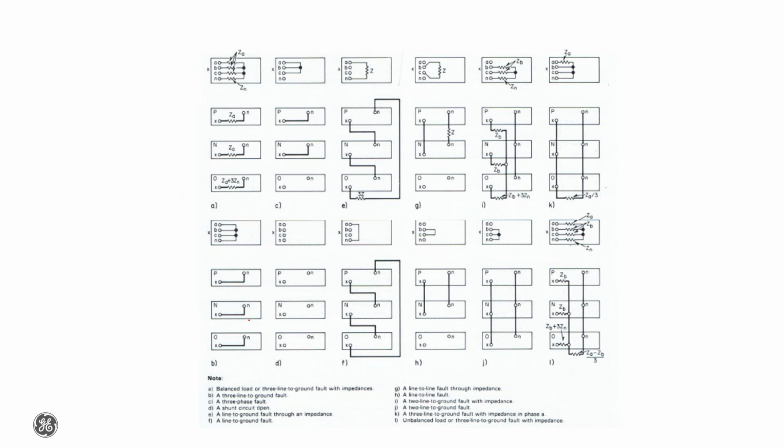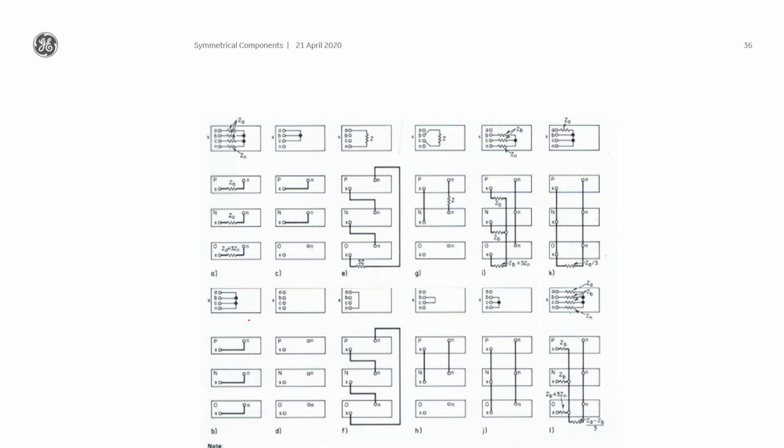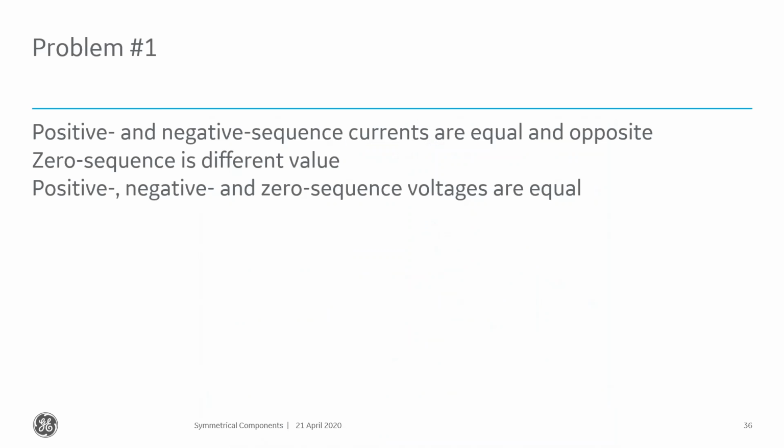So to identify this, I need to find which of those conditions causes positive and negative sequence currents that are equal and opposite, which means those two are in series, and positive, negative, and zero sequence voltages are equal.